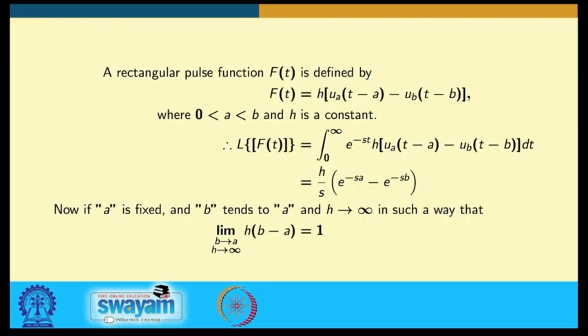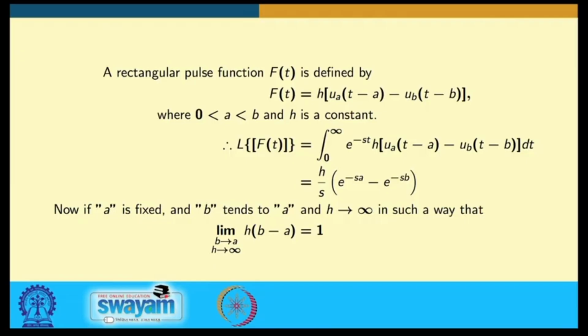Please note that here a is fixed and b is always tending to the value a, and h is approaching infinity in such a way that always this area h into (b minus a) equals 1.